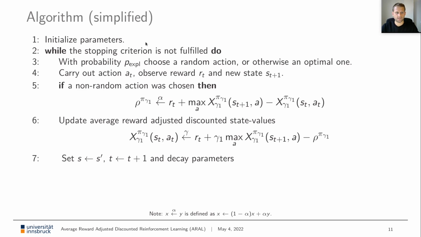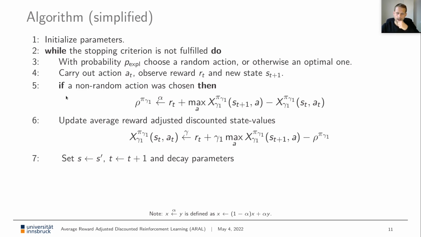As usual, we initialize the parameters and then loop until some stopping criterion is fulfilled. First, we choose with some probability a random action or otherwise the optimal one, then carry out this action, observe the reward and get the new state, just as in Q-learning for instance.